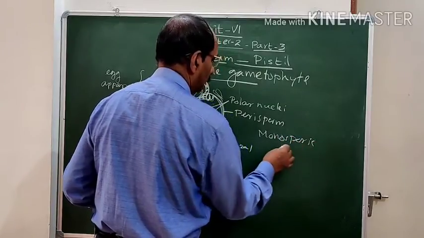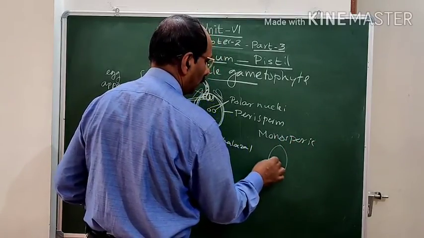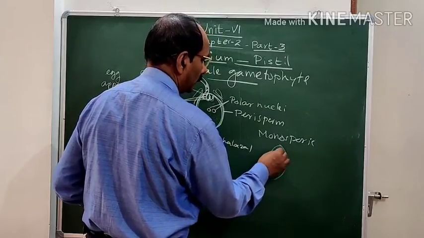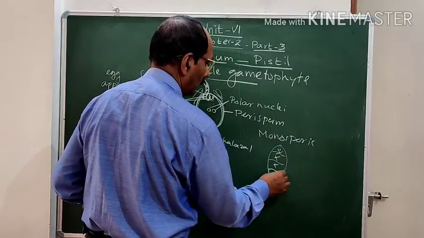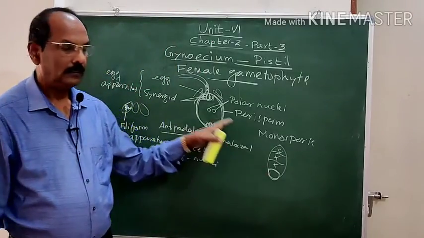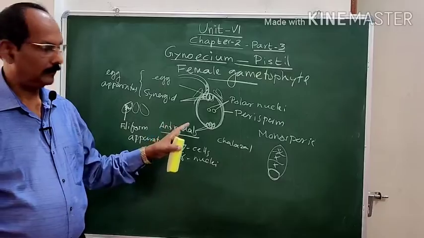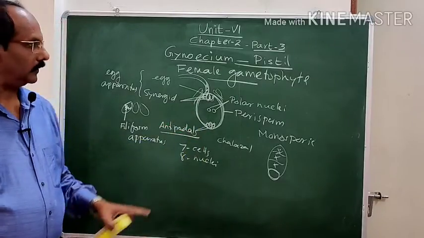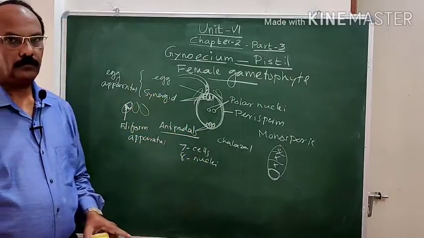Monosporic, because four haploid cells are formed, and out of the four, three degenerate and only one remains, the functional megaspore. From this megaspore, the embryo sac is later formed. So it is called monosporic development. That is the female gametophyte formation.